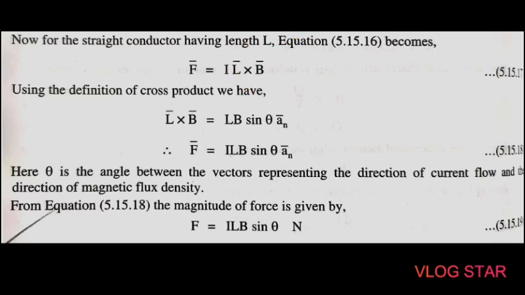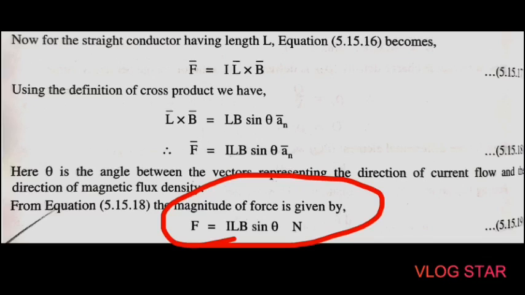Here theta is the angle between the vectors representing the direction of current flow and the direction of magnetic flux density B. Okay, so finally we'll get the equation of magnitude of force, F is equal to I L B sin theta Newton. The unit of force is Newton. Okay, so this is the final equation of force on differential current element.